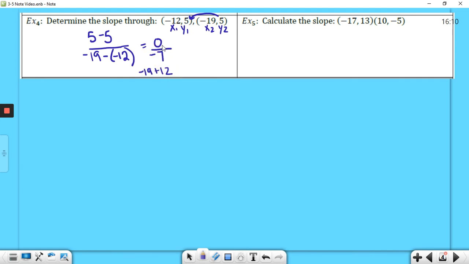Whenever you have a 0 in the numerator divided by a number, your answer will be 0. So the slope is 0. Recall a slope of 0 would be a horizontal line. Notice how our y's are both 5, so it's really the equation y equals 5.